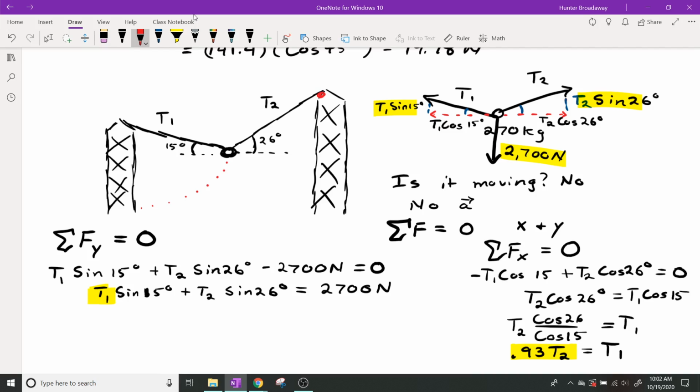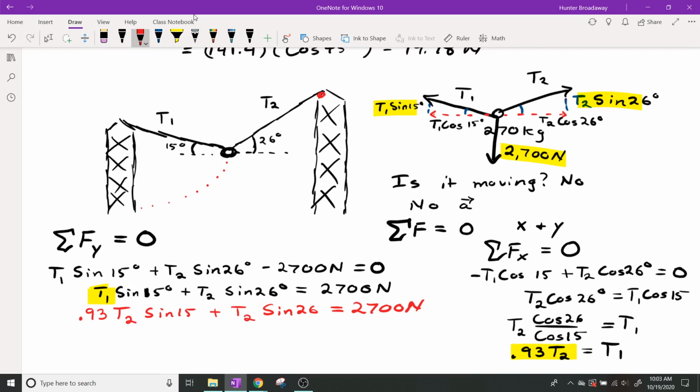So this T1 is really 0.93 T2 sine of 15 plus T2 sine of 26 equals 2700. From here, sine of 15 and sine of 26 are actually just numbers. So we just need to multiply them together, and then we can combine like terms.